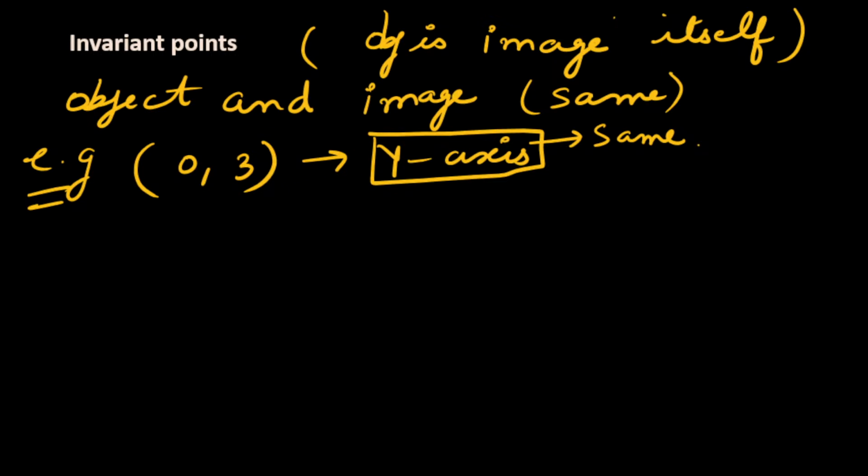The sign of x will change. So if we do its reflection, it will still be 0, 3 only, because y is going to be the same and x is 0. If you write minus 0 also, it will still be the same only.